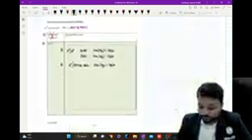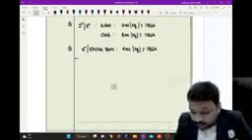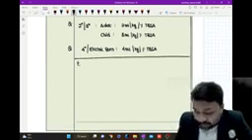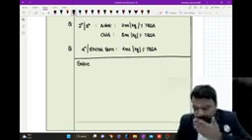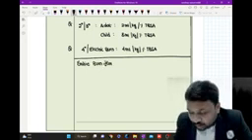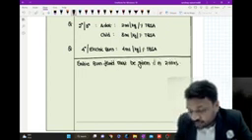Now, how you administer these fluids is very important. Remember, whatever the burn fluid that you have calculated, the entire burn fluid must be administered within 24 hours of burn.